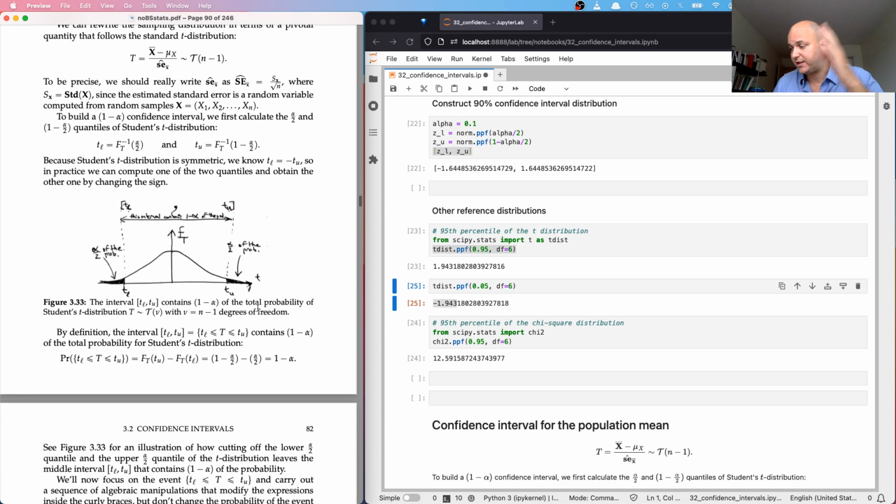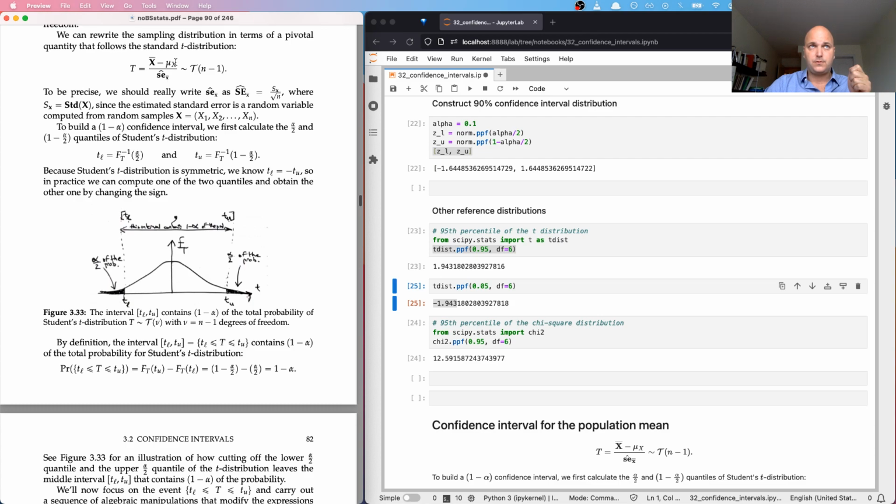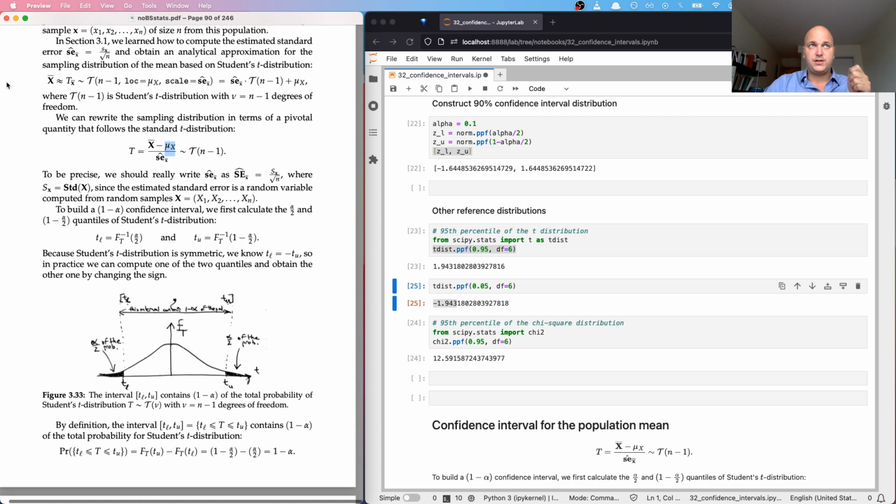Okay, but now we have a problem, and this is one of the main new ideas, probably the only new idea in this whole section. In section 3.1, we learned about sampling distribution. Given the known population parameter, like the mean, the sampling distribution told us the possible sample means we can obtain, right?